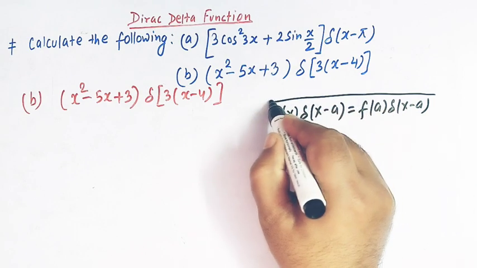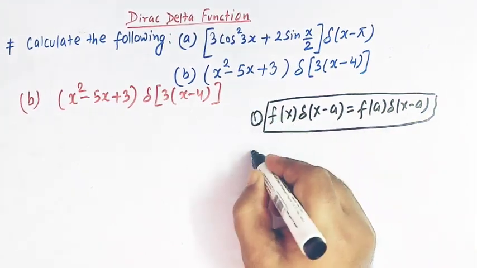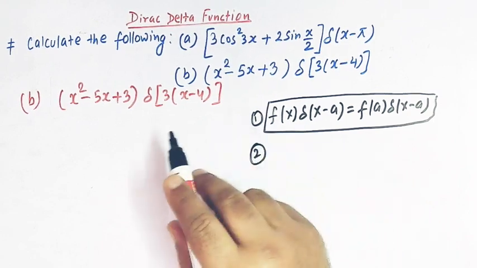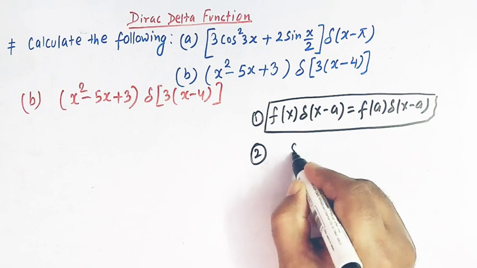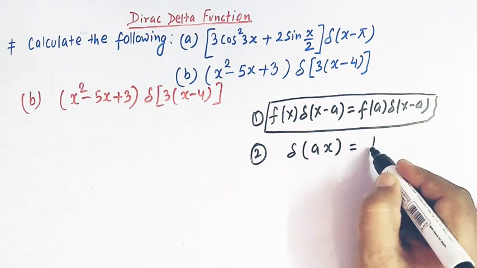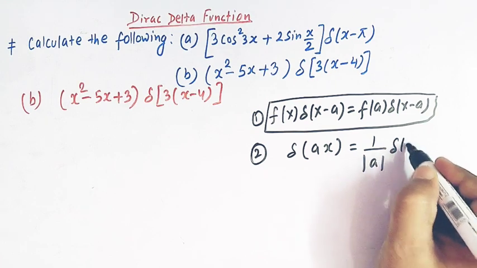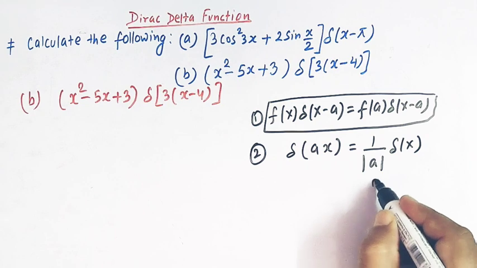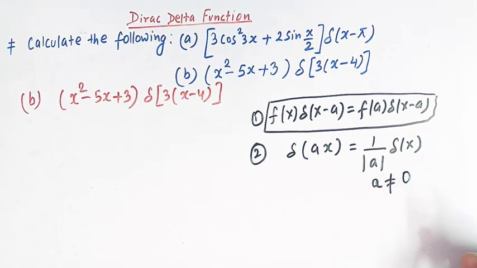Then we'll make use of this important property of the Dirac delta function, that is delta of ax is equal to 1 over the absolute value of a times delta of x, where a is not equal to 0.